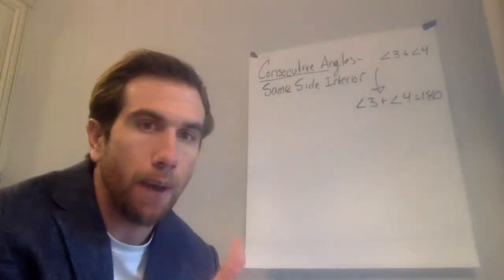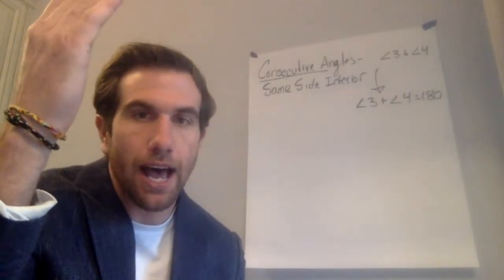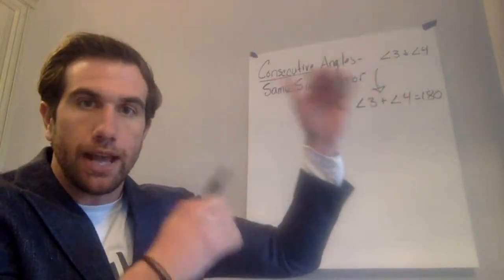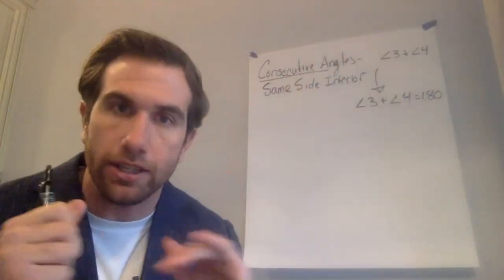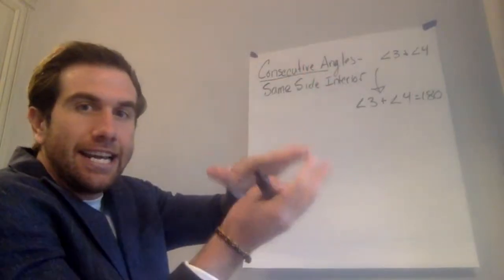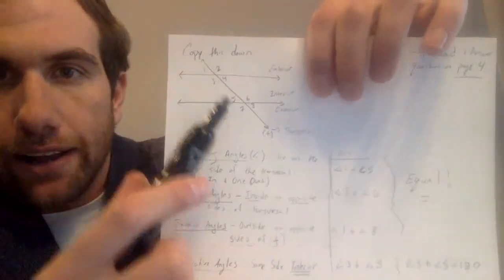All right, so we have corresponding angles. How to remember that? Same side of the transversal. We got 1 in, 1 out. That's corresponding. They are equal. We have alternate interior. It's inside the sandwich. Inside, so it's like inside the 2 pieces of bread.